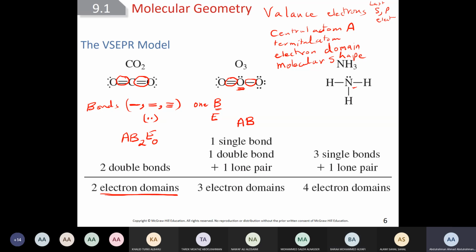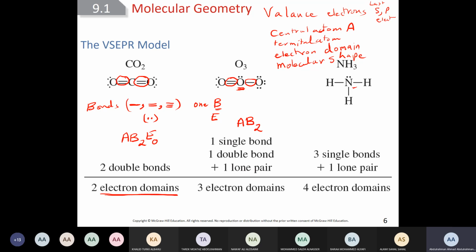Only 2. Why 2? Just 2 bonds, no matter how long or how strong it is.